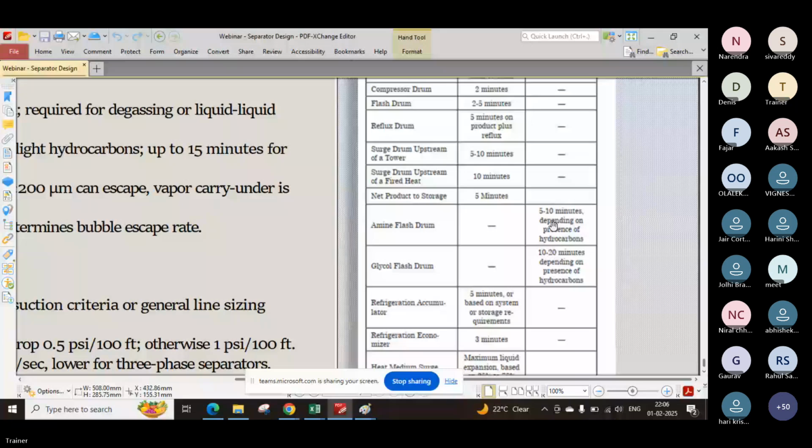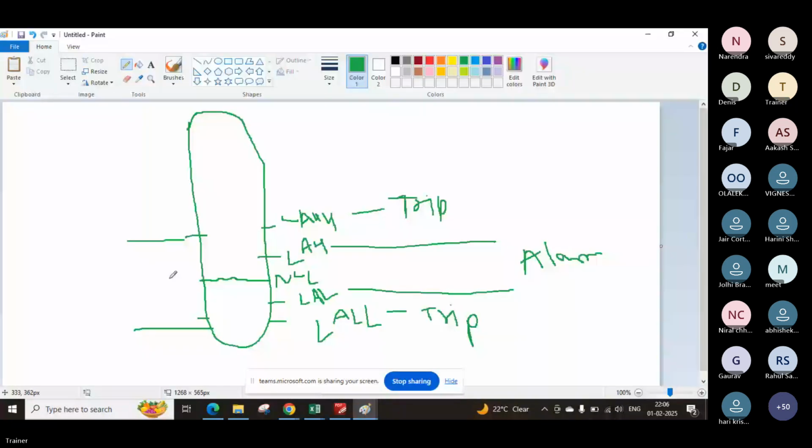So based on your plant location or accessibility of the vessel or reliability on the instruments and qualified operators who can take quick action, we generally define these 10 minutes such a way that alarm to trip is 1 minute, high level alarm to low level alarm generally say 4 minutes or 6 minutes.